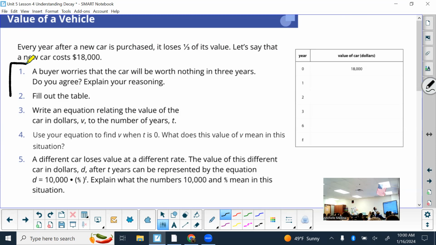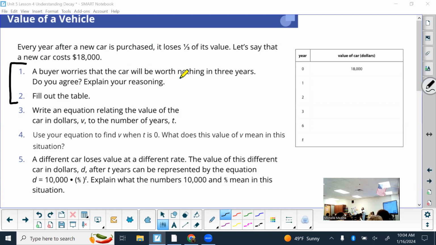Talk in your groups. Would a car lose all of its value after 3 years, losing a third every year? And then fill out the table if we're following the pattern, however you need to do that. Do you think that the car will be worth nothing in 3 years? Yes. Why do you say yes?